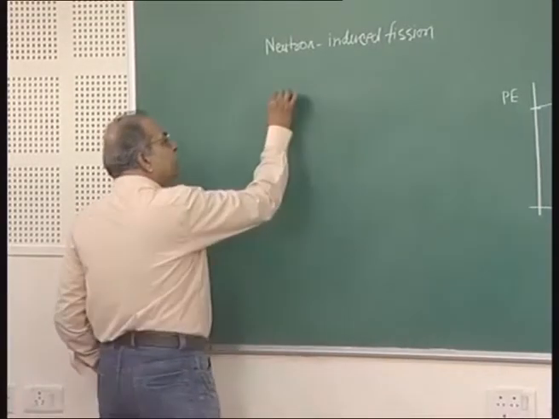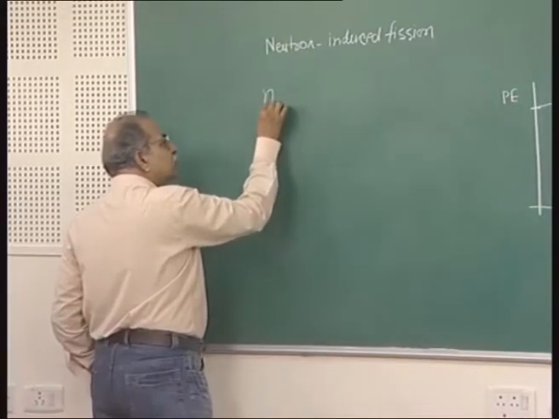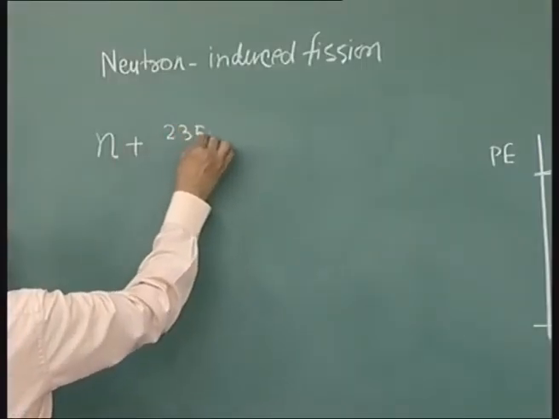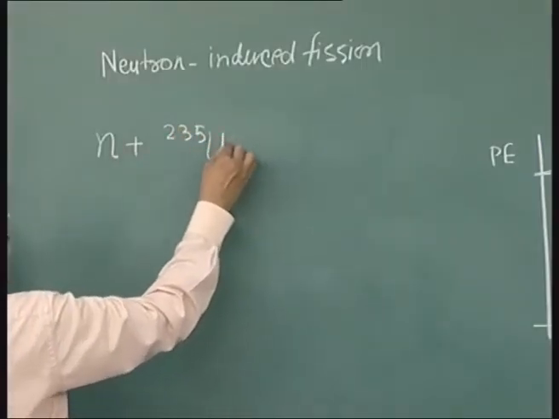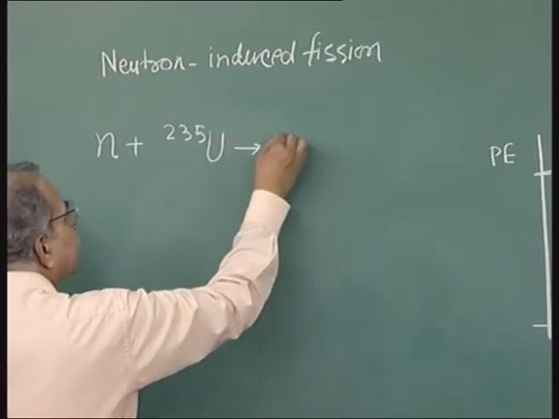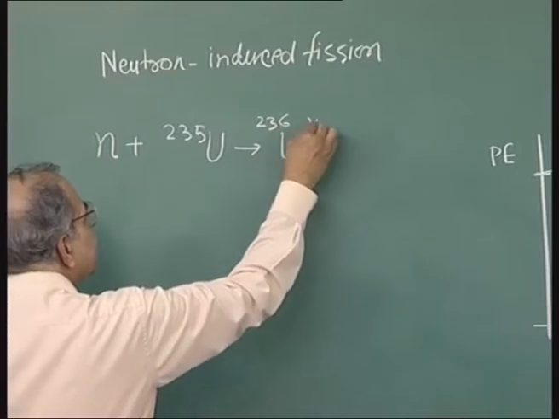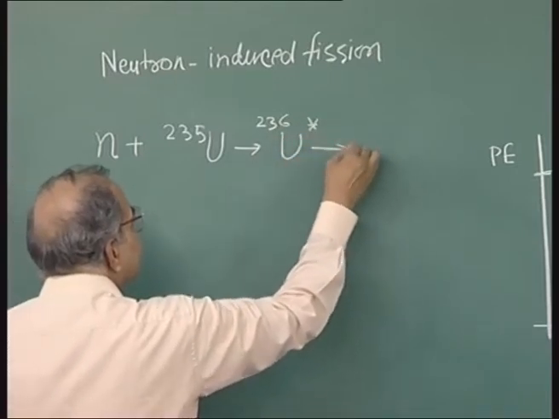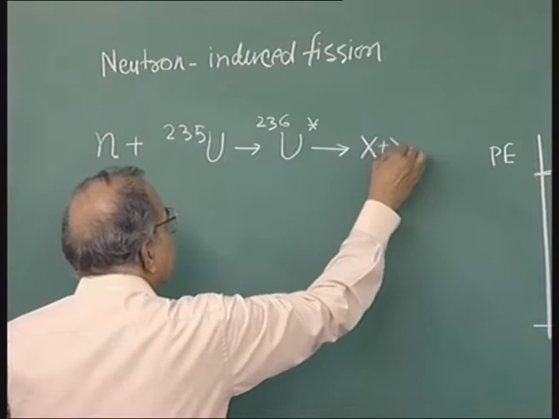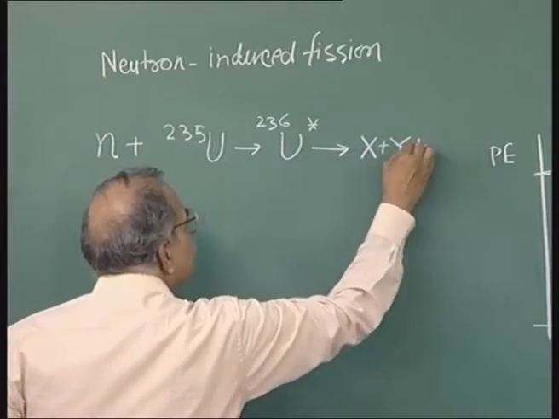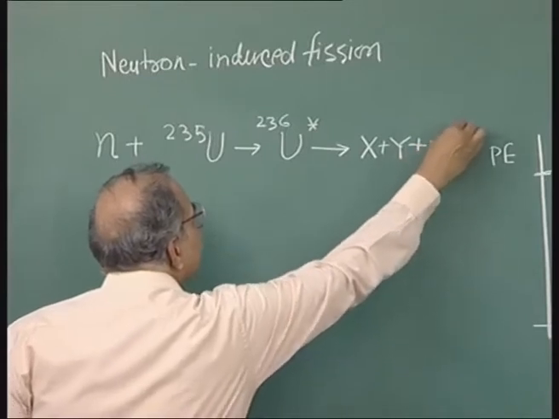And here, if I take the example of uranium, the neutron going to uranium 235 makes it uranium 236 in excited state, and that decays into the two fragments X plus Y and certain neutrons, 1 or 2 neutrons. So, let me write it: neutron.